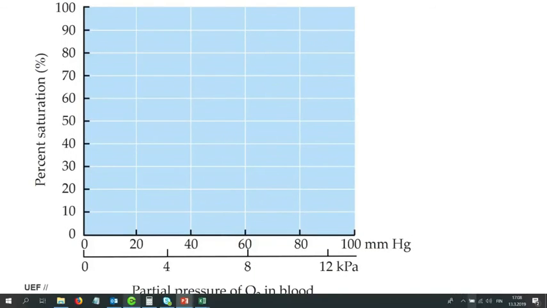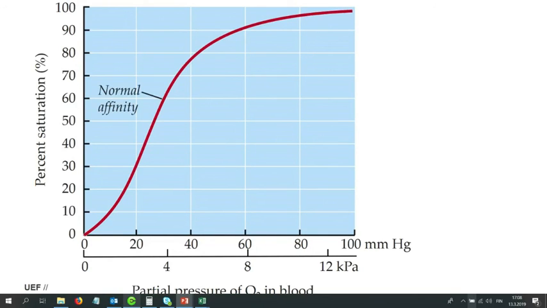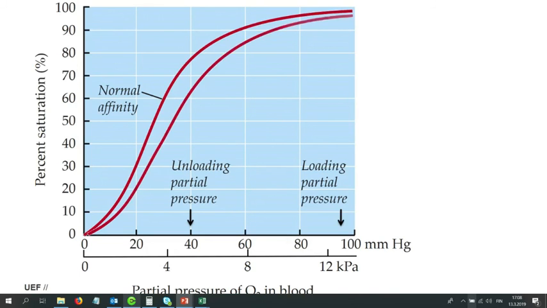So, still one more way to put it: when having normal affinity with loading and unloading, and then reduced affinity, we can affect things quite drastically, even with the same molecule, even when we are not changing it during the circulation.